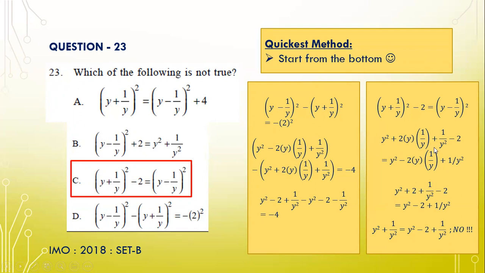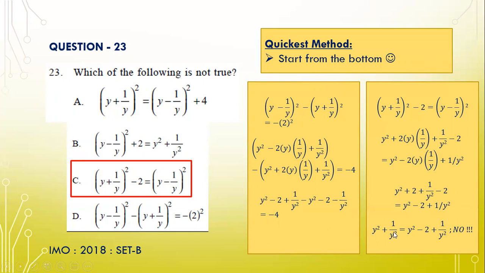Y square plus 2 plus 1 upon Y square minus 2 is equal to Y square minus 2 plus 1 upon Y square. So Y square and Y square will get cancelled, plus 2 and minus 2 will get cancelled, and 1 upon Y square and 1 upon Y square will get cancelled.